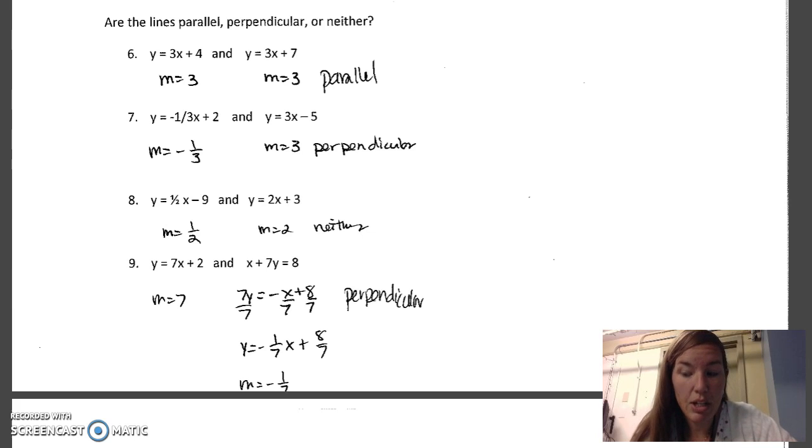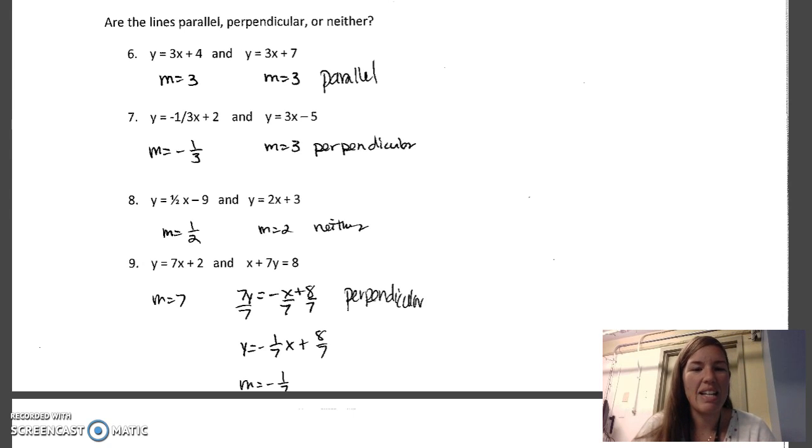Last example is a trick question, kind of. Do you know the slope for the second line? You don't. It's in standard form. You have to do the work to change it. So you're going to change it into slope-intercept. You can see the work there. You would subtract the x, divide by 7, and get a slope of negative 1/7. So first equation has a slope of 7.